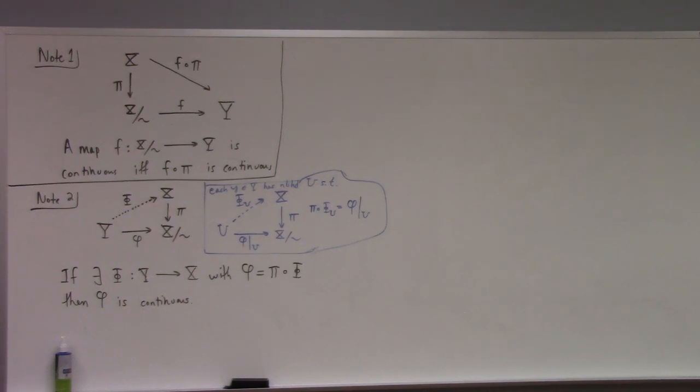In section 13 of Gamelin, we looked last time at, let's see here, 13.2: let X be a topological space, let tilde be an equivalence relation on X, let pi be the projection map. A function f from X mod tilde to a topological space Y is continuous if and only if f composed with pi is continuous. That is note 1.